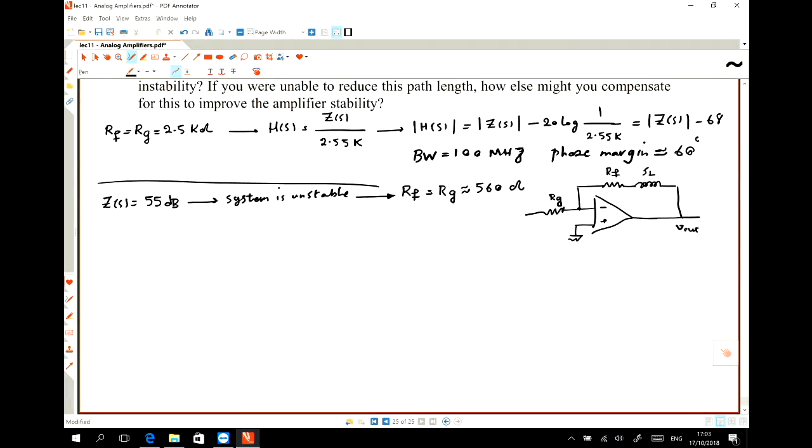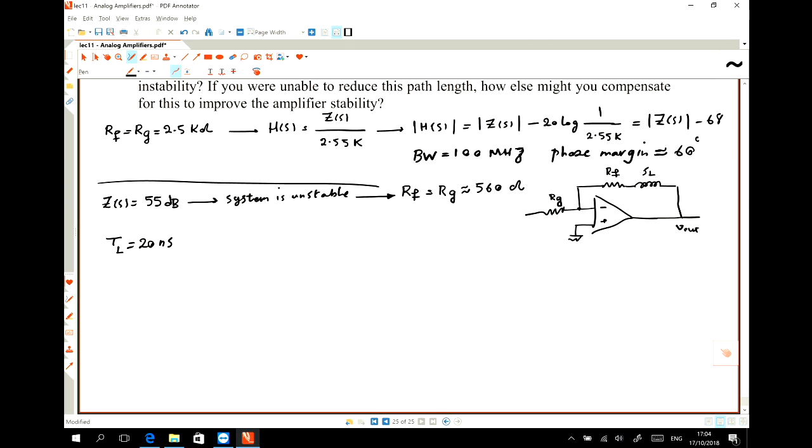So if I write this down, it means that TL should equal 20 nanosecond. Where did I find the 20 nanosecond? My bandwidth is 100 megahertz and my R in is 50 ohm.